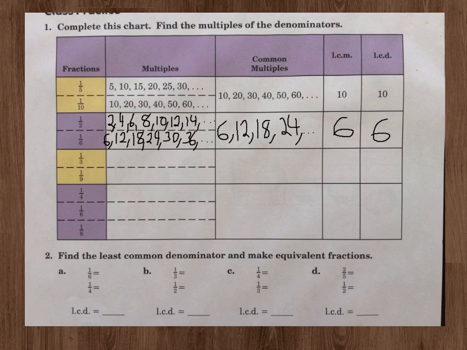Our denominator here is 3, so multiples of 3. We'll put 3, 6, 9, 12, 15, 18. Okay, for 9, multiples would be 9, 18, 27, 36, 45.